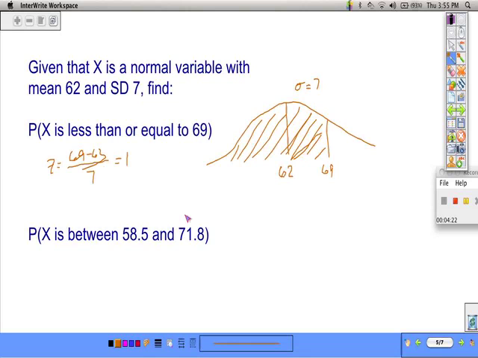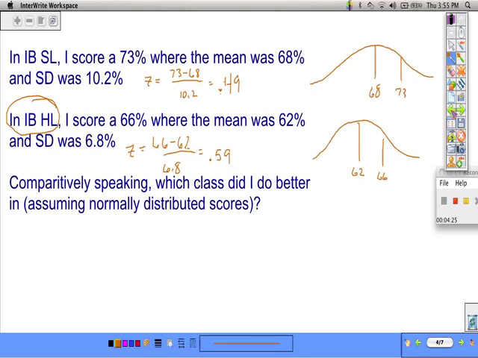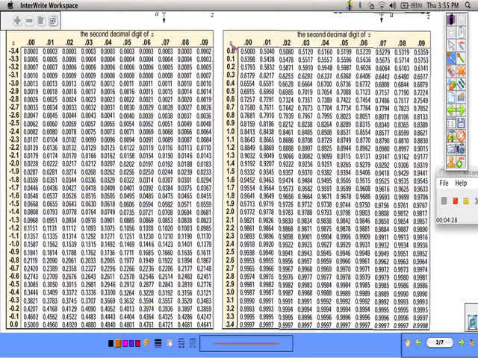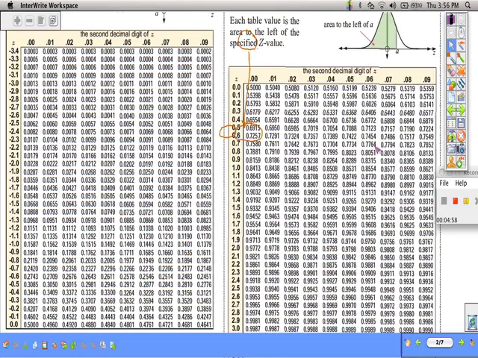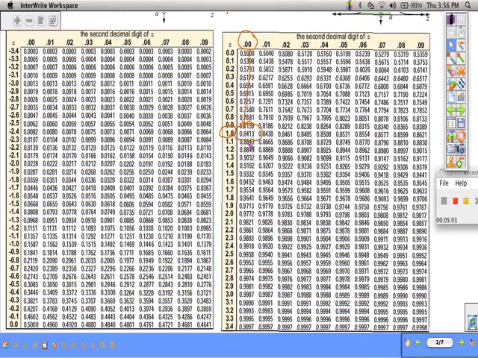And if I go to my table, I want 1.0 as my z-score, so here's 1. And I'm above the mean, so I'm using this page. 1.00, that's going to be in this column. Right there is my probability. That's from, if we look at the diagram, it's from a z-score all the way to the left. So again, our answer would be 0.8413.